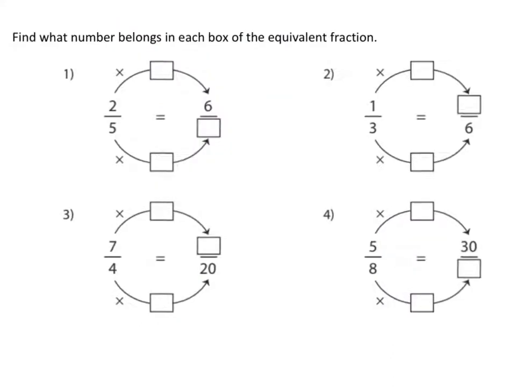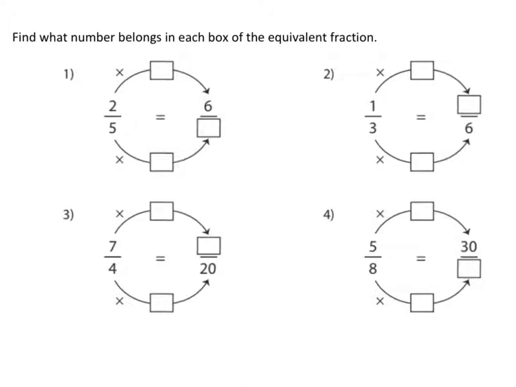At the bottom of this page, you'll see 4 different problems, and you're going to find the equivalent fractions for each. This breaks it down into simple terms, where you're just finding what number belongs in each box of the equivalent fraction. For example, in number 1, you think 2 times what gets me to 6.